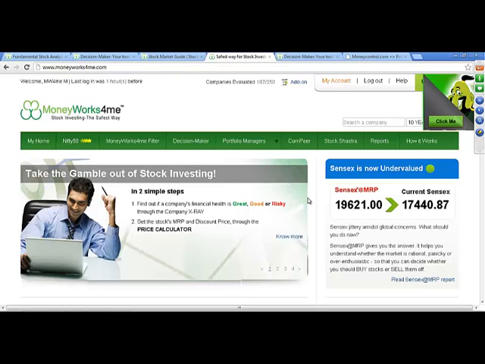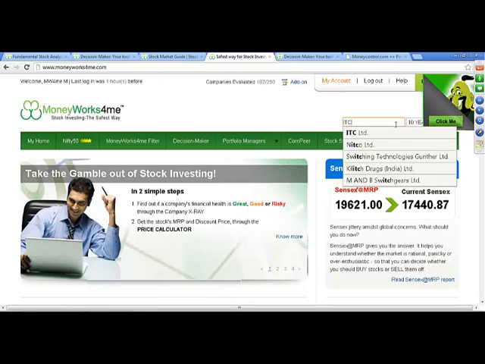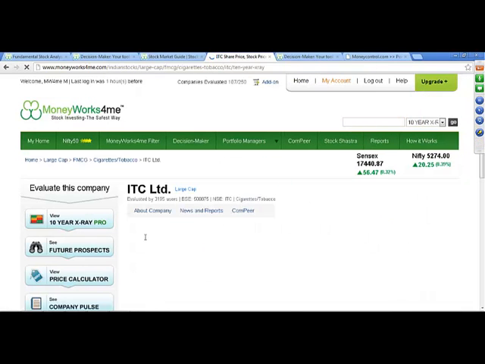A lot of these things together determine the margin of safety that you should be looking for. At Moneyworks4me, what we have done is look at such stock specific factors and arrive at stock specific margins of safety. To give you an example, I'll show you ITC and HDIL.